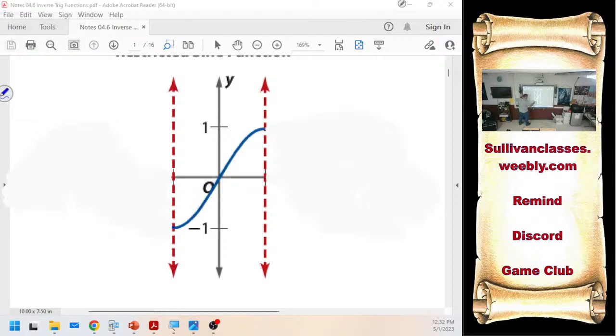We have a coordinate down here at negative pi over 2, negative 1. We have a coordinate up here at pi over 2, 1. Should make sense halfway between, right? Like pi over 4. All of the other values are still there. This is at pi over 4 and square root of 2 over 2.